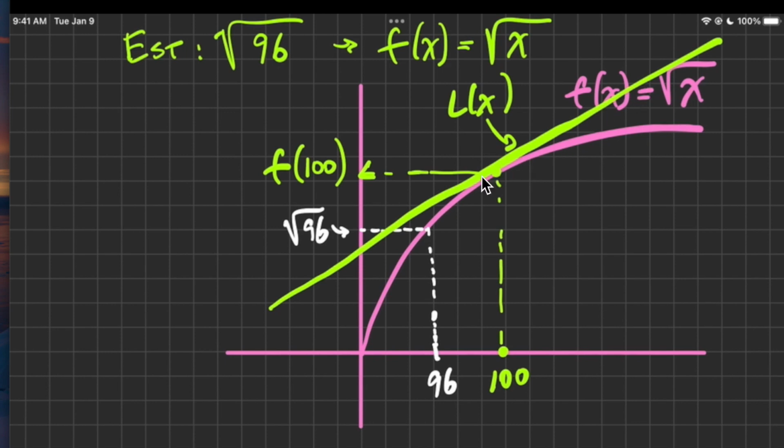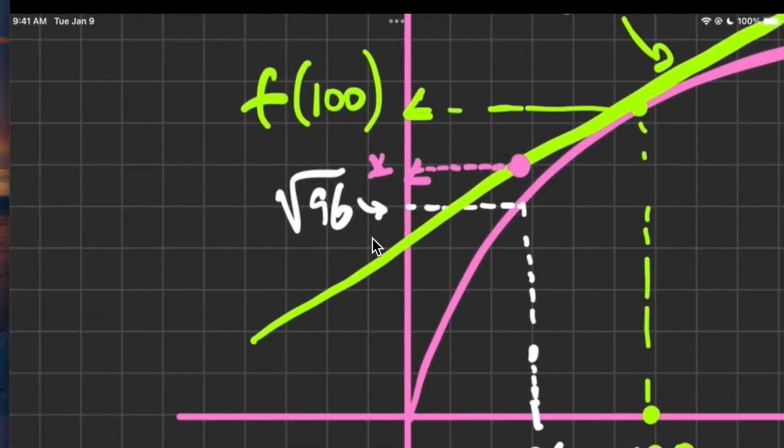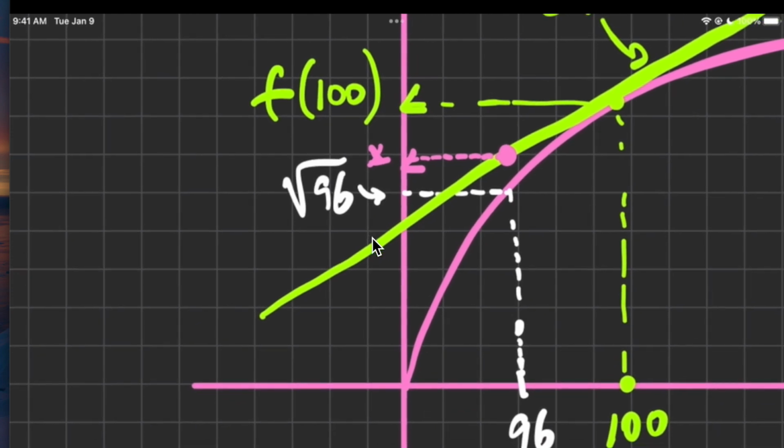Once we have it, we take the x value they give us, which is 96, we plug that into our L of x equation, and it gives us a number on the tangent line for an x value of 96. This right here, this asterisk, that is L of 96.